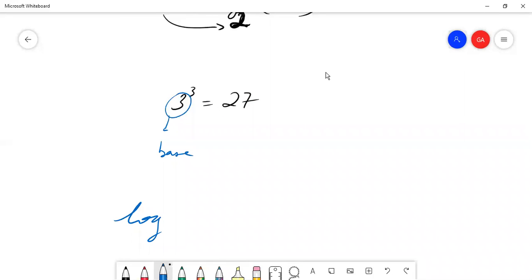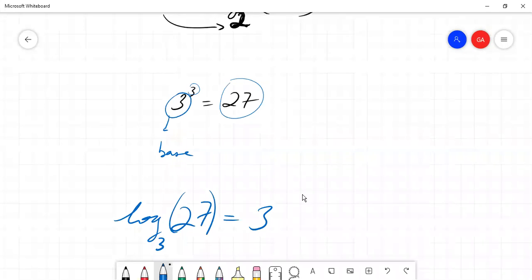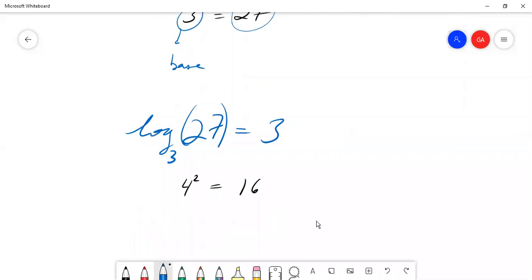The base goes in the basement, 3. What does the log eat? 27. It eats 27. Good. And what does it spit out? It spits out the exponent, which is 3. Here there's some degeneracy, so to speak, between the exponent and the base, but that's just coincidental. Does this make sense?